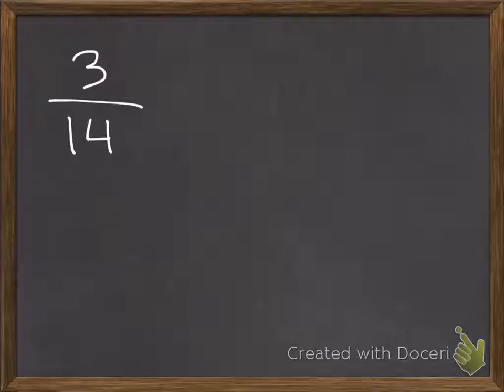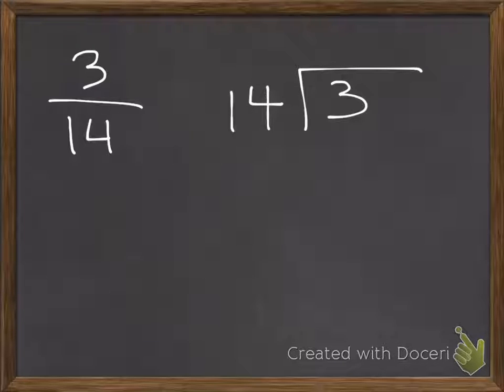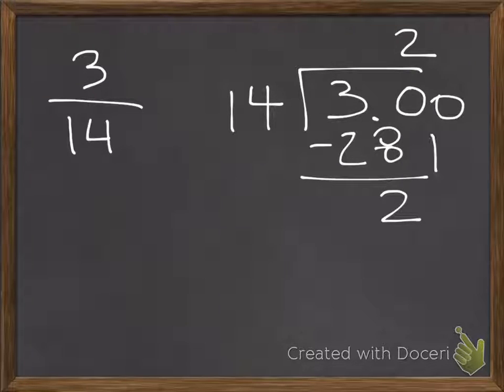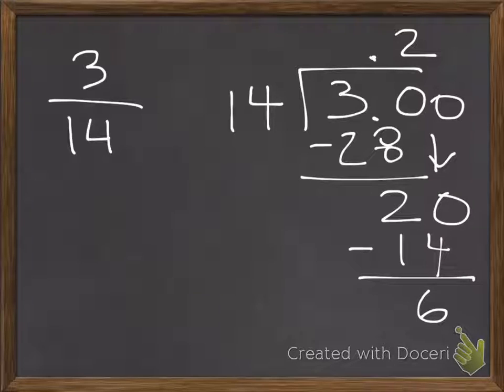Next one, we're just going to again make this into a decimal, so 3 divided by 14. 14 into 30 goes twice. 14 into 20 is once. 14 into 60 goes 4 times, which gives me 56.